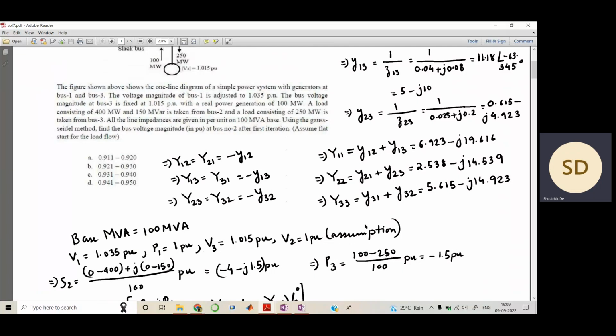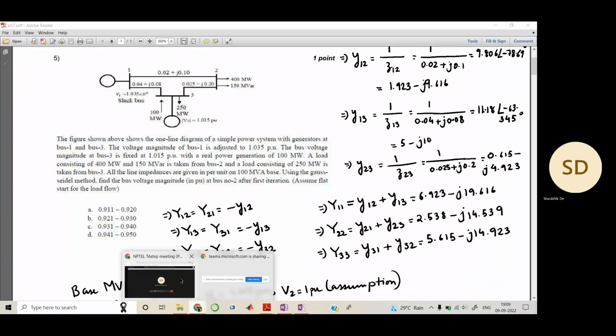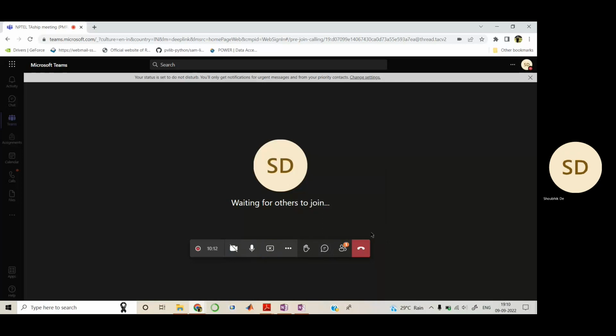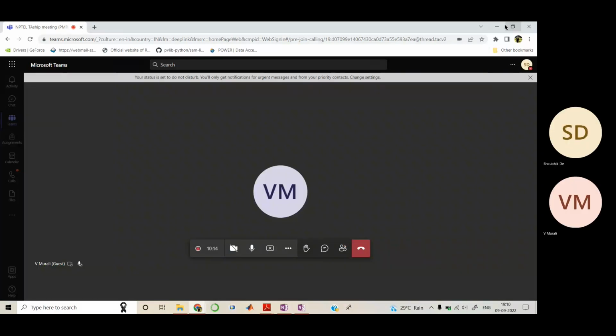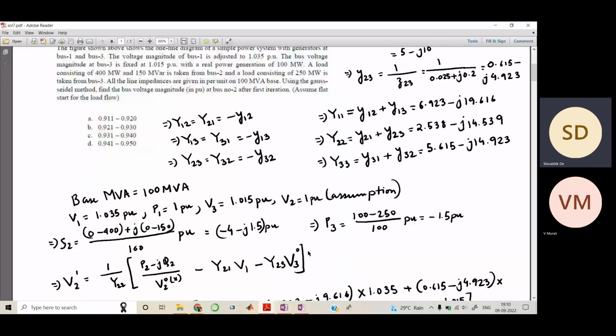Now this is a very important assumption. When they tell you to assume a flat start for the load flow, and you have not been given the voltage at any bus, you can assume the voltage at that bus.